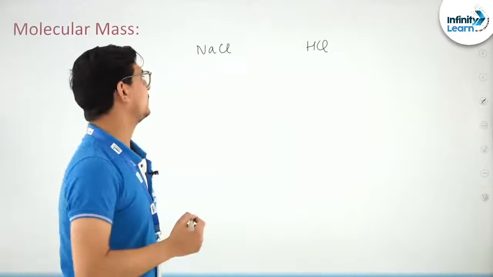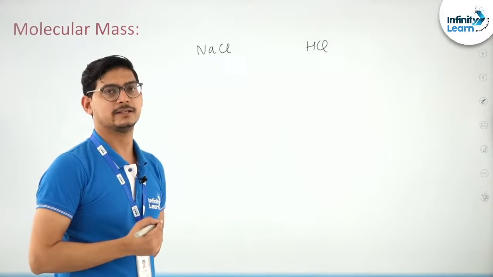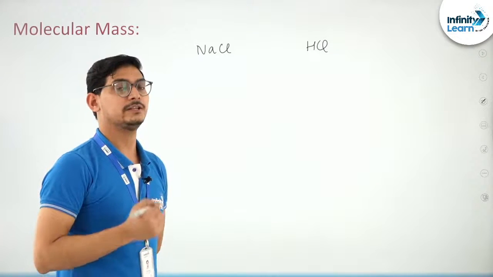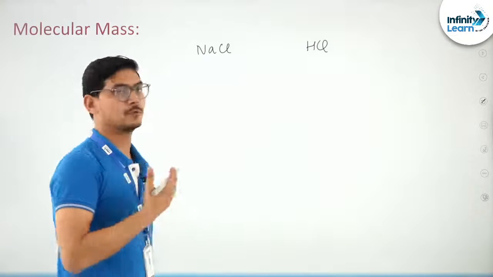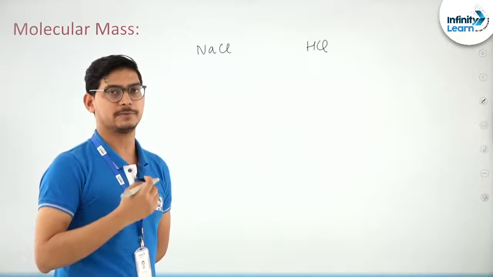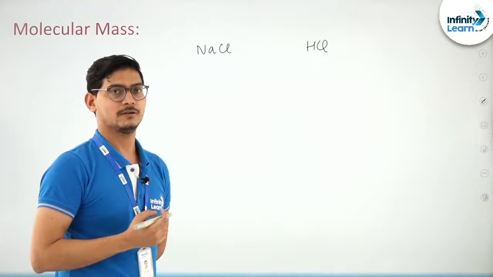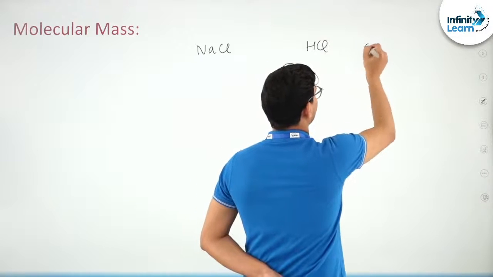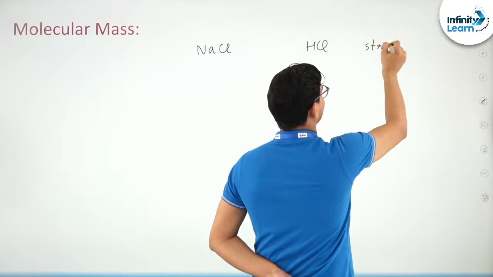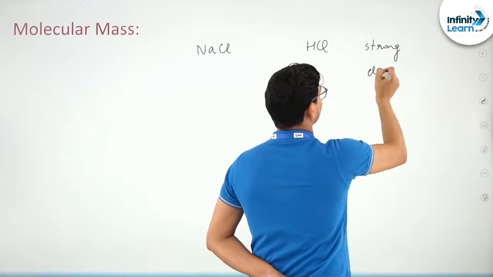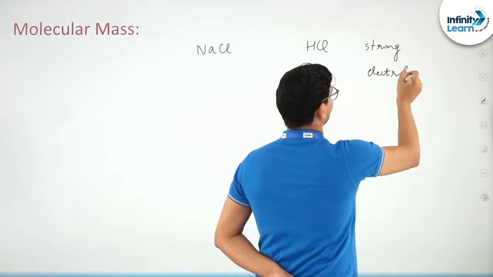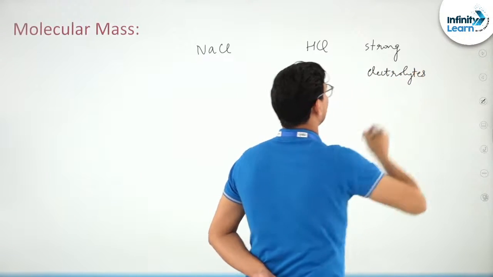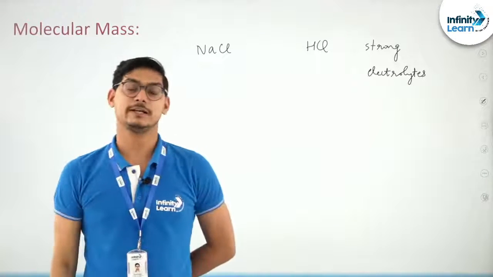One similarity about NaCl and HCl. Okay, see, the property you tell me should be an important property from the perspective of chemistry, right? So one similarity between them is both of them are strong electrolytes.